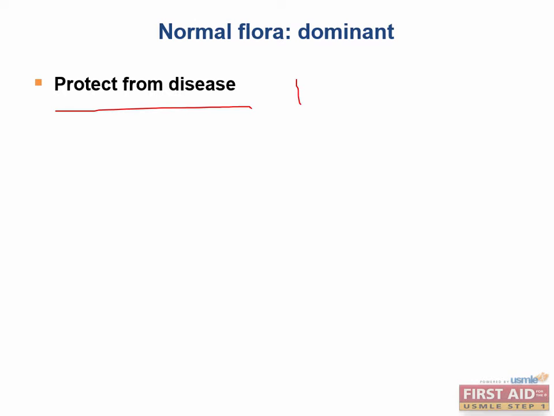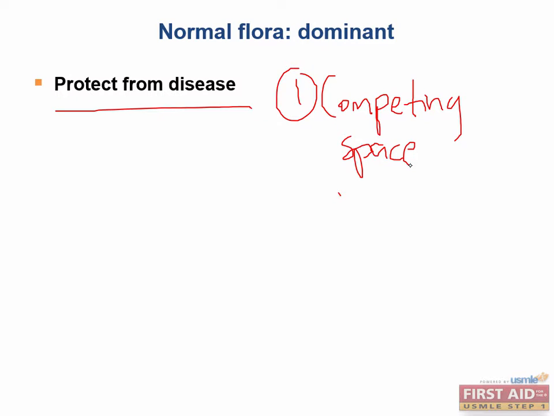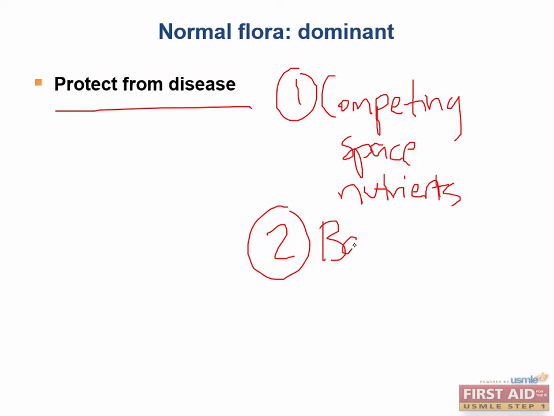They do this by competing with other bacteria for space and nutrients. And two, they actually produce bactericidal compounds. These compounds can actually kill the other pathogenic or invasive bacteria.